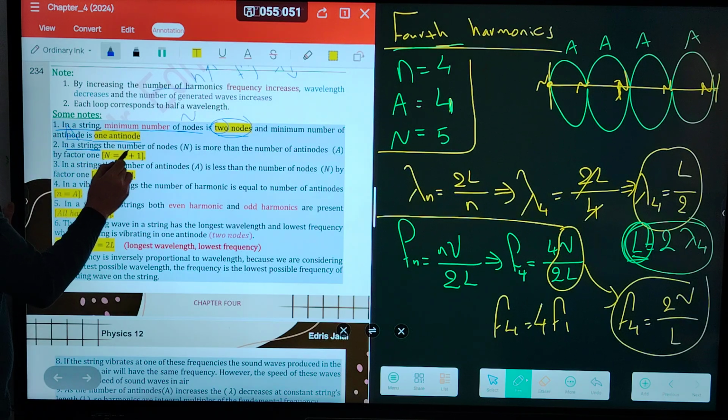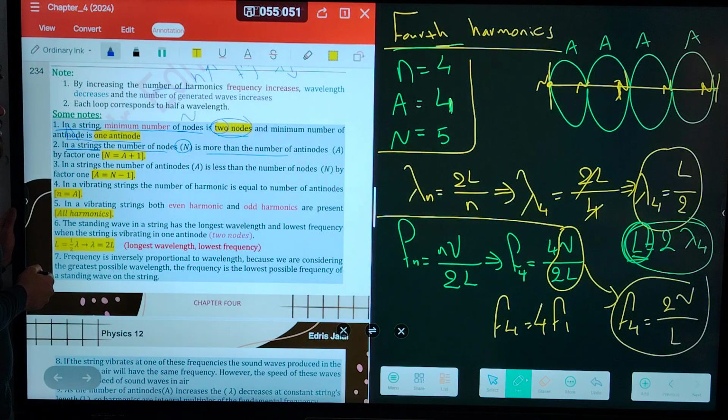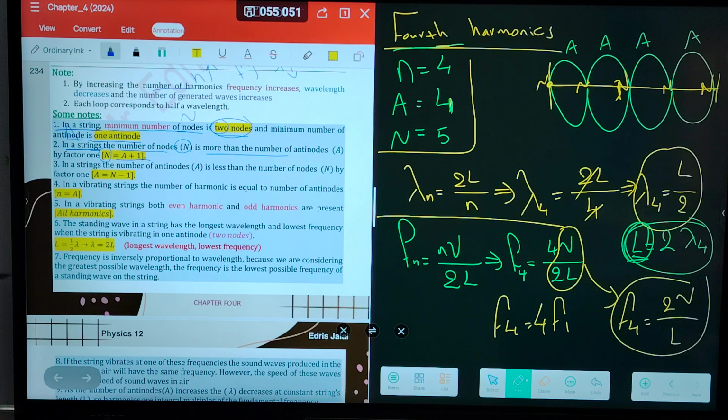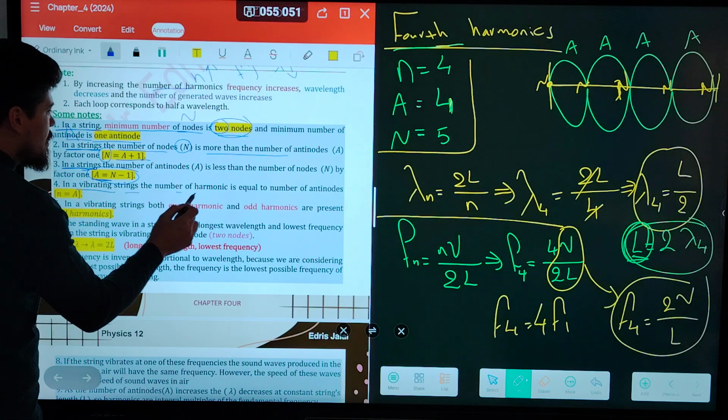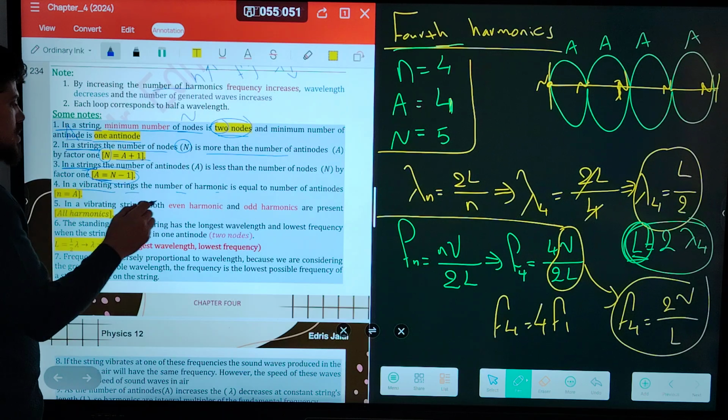In a string, the number of nodes is more than the number of antinodes by a factor of 1. The number of nodes in a vibrating string is equal to what? A plus 1. In a vibrating string in a standing wave, the number of antinodes is less than the number of nodes by 1. If you rearrange this equation, you will get: number of antinodes is equal to number of nodes minus 1. In a vibrating string, the number of harmonics is equal to the number of antinodes.